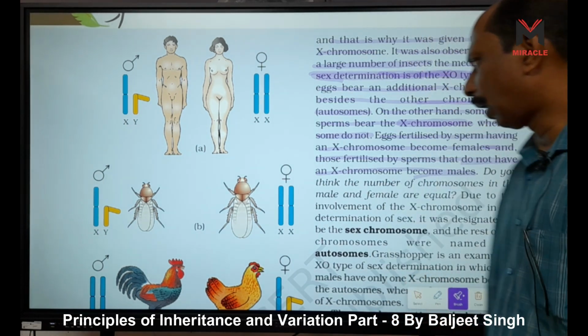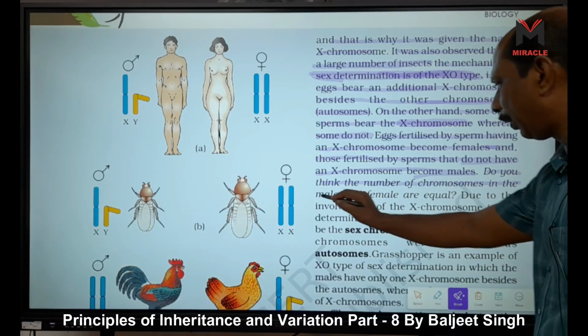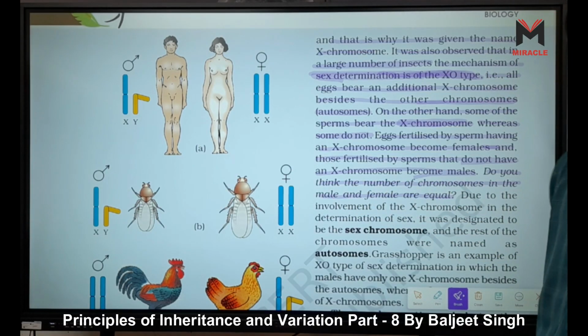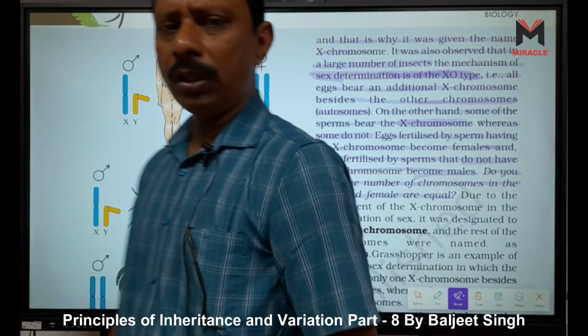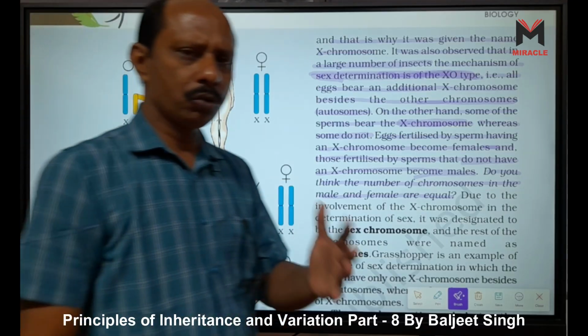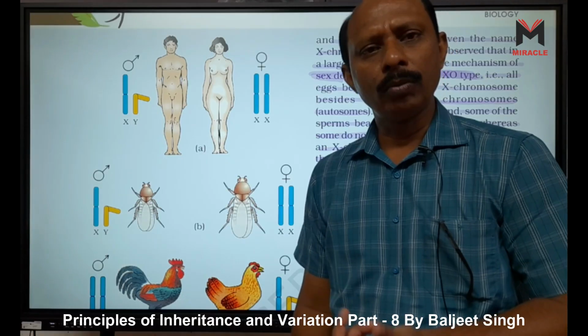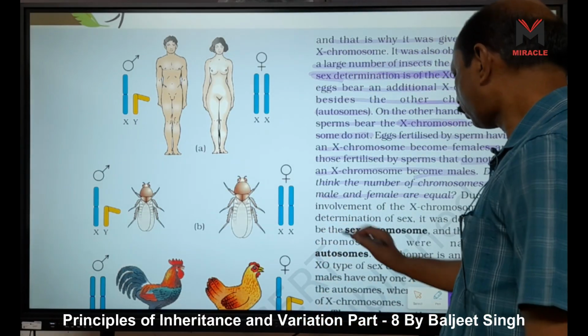As for example, grasshopper, I already told you. Do you think the number of chromosomes in male and female is equal? No, not equal, because the female has one more X chromosome, so her chromosome number is one more than that of the male, right?